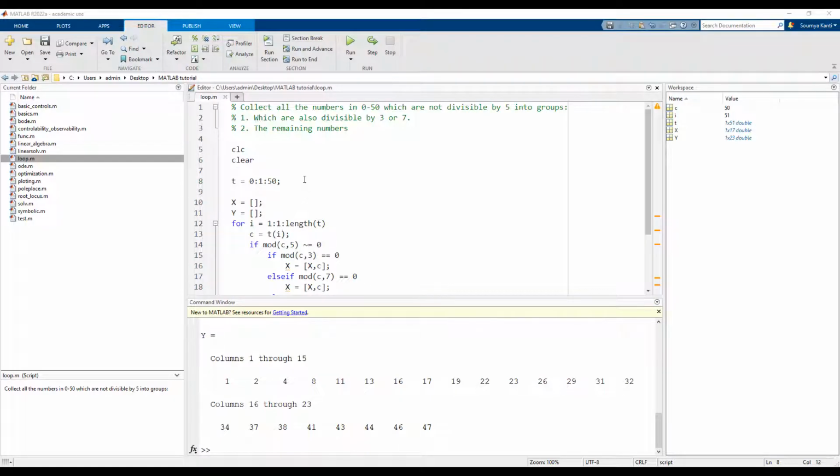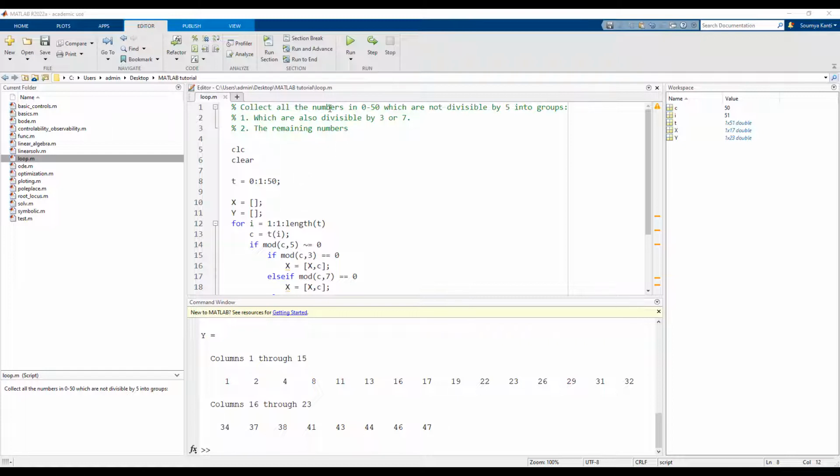So now we will see how to use loops in MATLAB. Loops will be very helpful in this particular course. There are different constructs which can be used in loops, like for, if, while. Here we will see a few of them. Suppose we are given a problem like this.